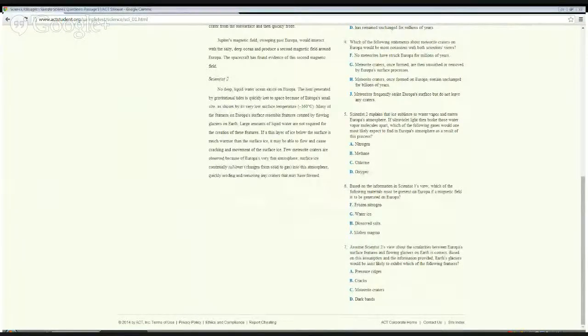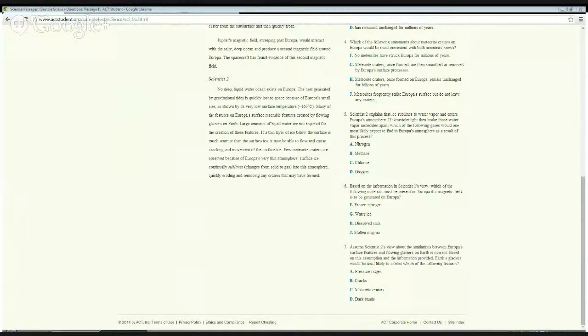And then finally for this one, assume Scientist 2's view about the similarities between Europa's surface features and flowing glaciers on the Earth is correct. Based on this assumption and the information provided, Earth's glaciers would be least likely to exhibit which of the following features?